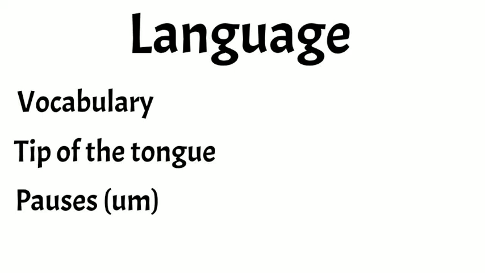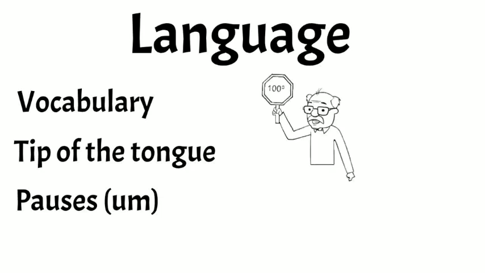What you see happen more with older adults than younger adults is something called tip of the tongue, where they know the word. It just takes them a little more time to access and retrieve it, but it's there. You also see slightly more pauses, ums to fill up the spaces.